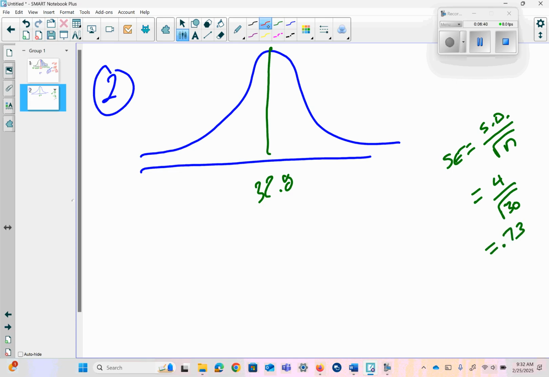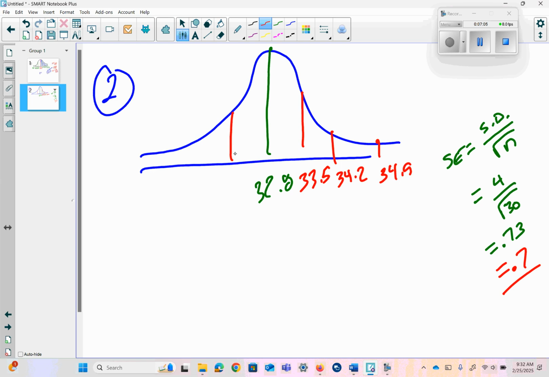So if we do our normal curve, add 0.73 each time. We're actually going to just make that 0.7, so 33.5 and then 34.2 and then 34.9. And then subtract it.